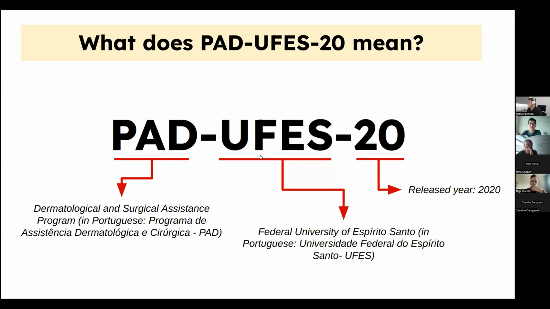And the office is the same idea. It's the acronym for the name of my university here in Brazil, in Portuguese, of course. And this number is just the release year, which was 2020, right? So when you release a new version of this data set, and we have plans to do so, we're just going to update this number.